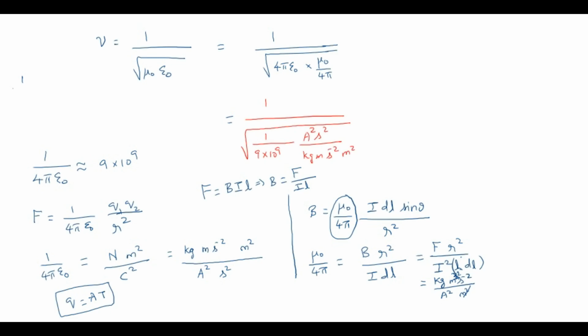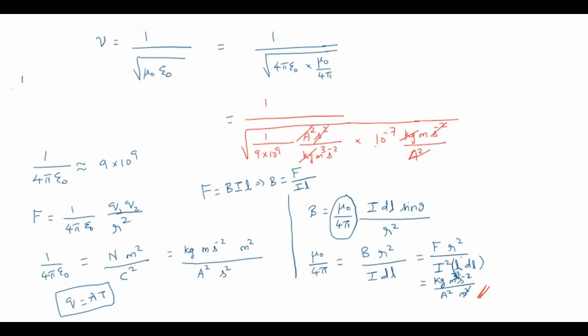Next, mu naught by 4 pi is 10 power minus 7, and its unit is kg meter second power minus 2 whole divided by a square. The meter cube and meter square cancel, a square cancels, kg cancels, and s power minus 2 cancels.